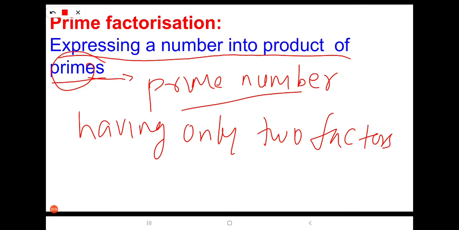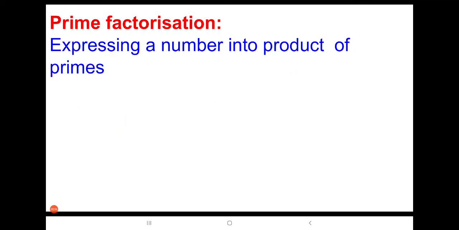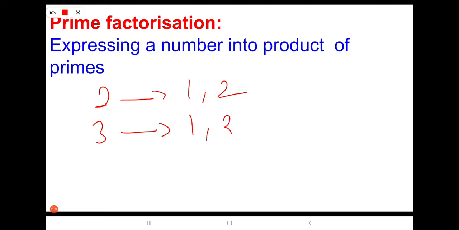Okay, let's see one example for prime numbers. Suppose we take 2. What are the factors of 2? 1 comma 2. Coming to 3, what are the factors of 3? 1 comma 3. 5 is also a prime number, 1 comma 5 are factors.